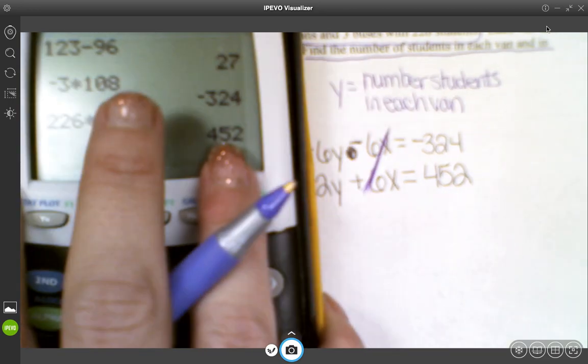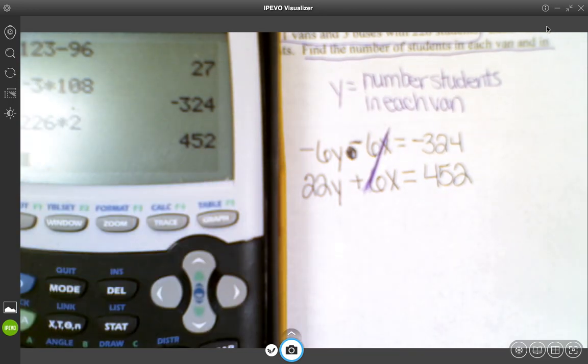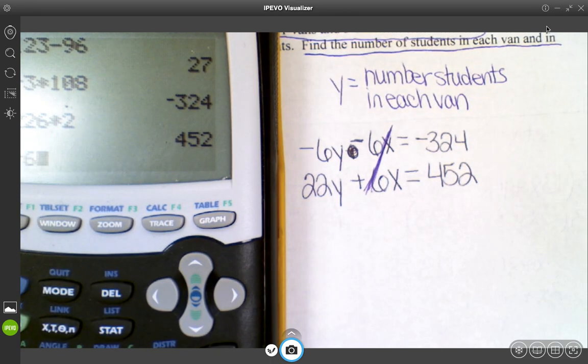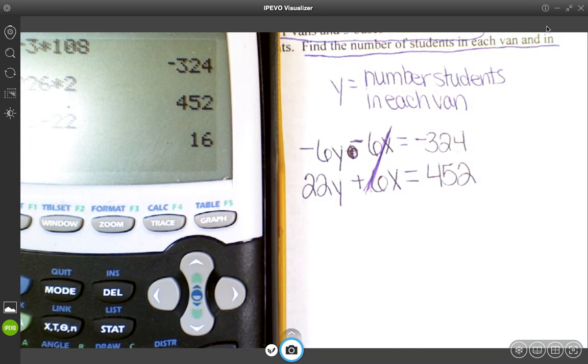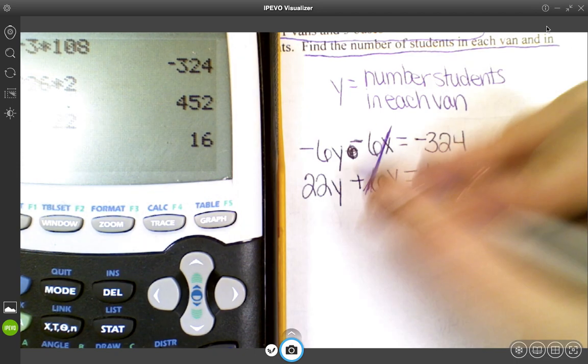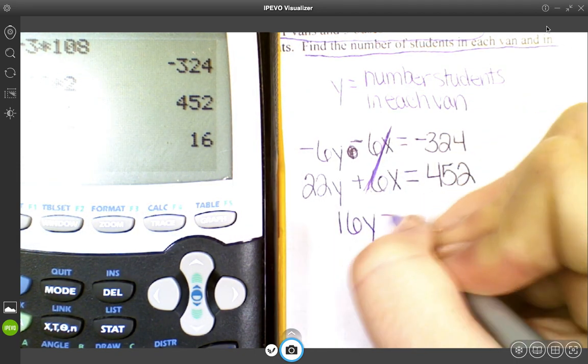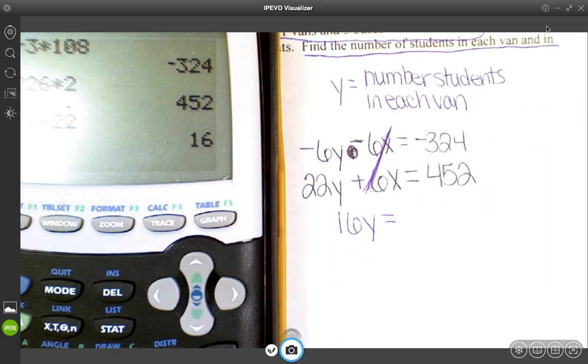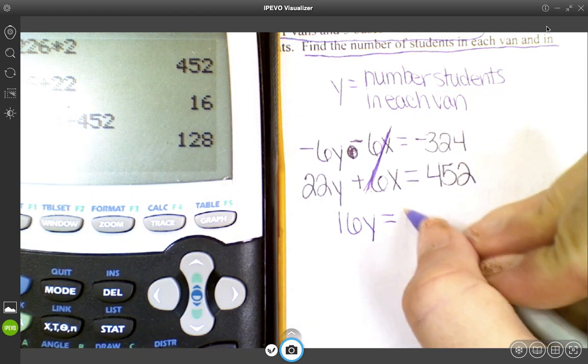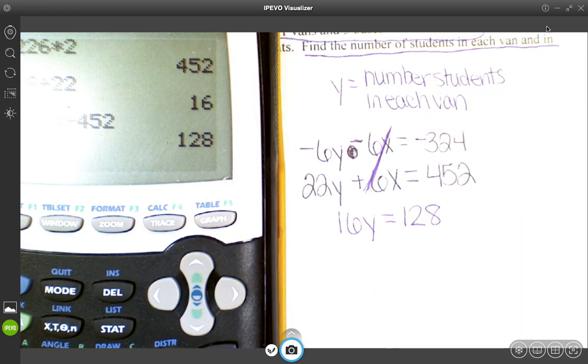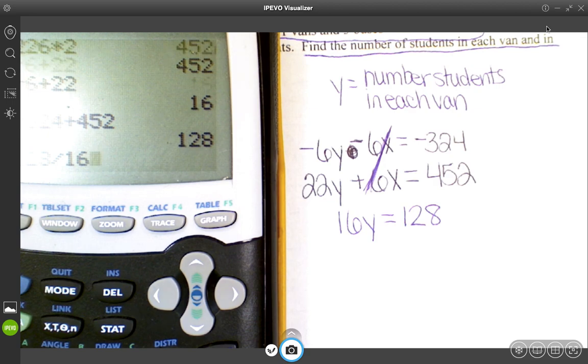Then it's time for us to get our calculator out. Negative 6 plus 22, how many y's do I have? Positive 16y. And then I take negative 324 plus 452, which is 128. And then I'm going to divide that by 16.